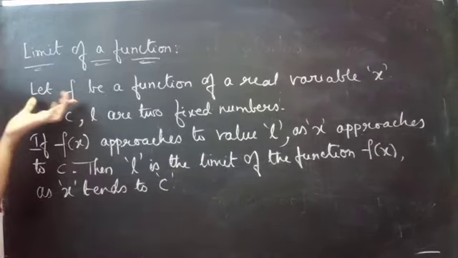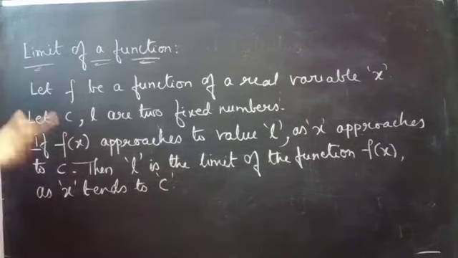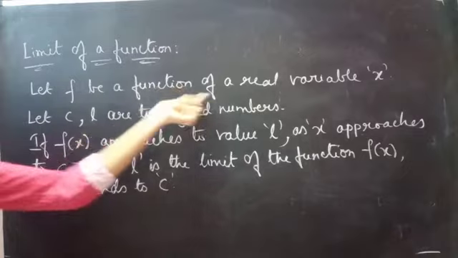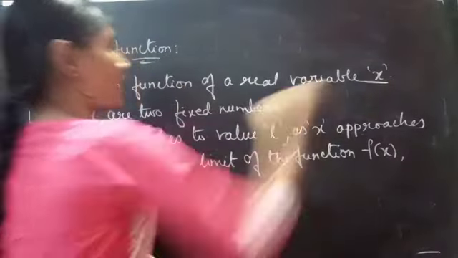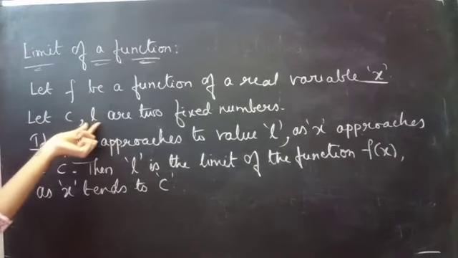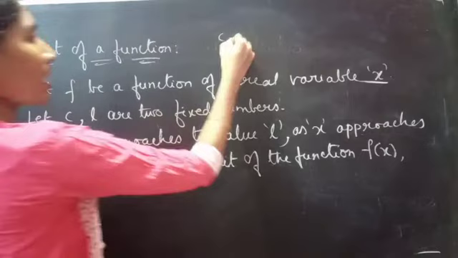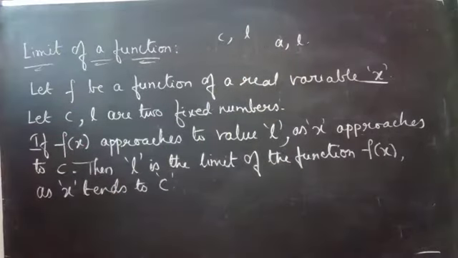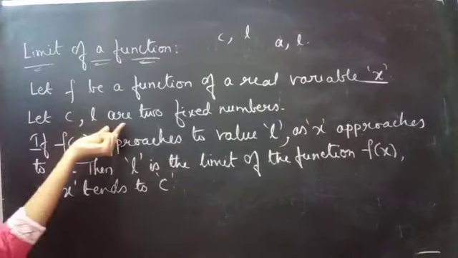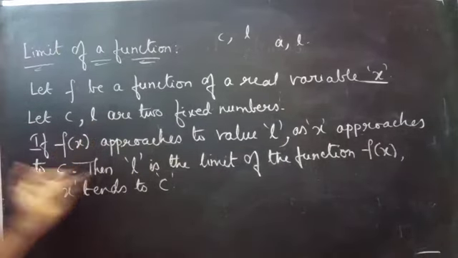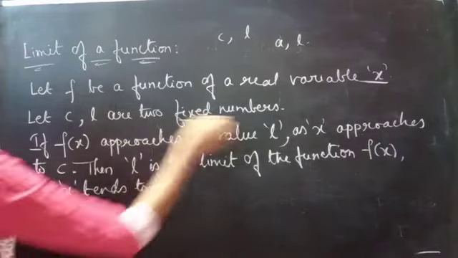Okay. So what is limit of a function? Let f be a function of a real variable x. So here f of x is our function where x is a real variable. Let C and L, you can take C and L or A and L, be two fixed numbers. So C and L are fixed numbers.